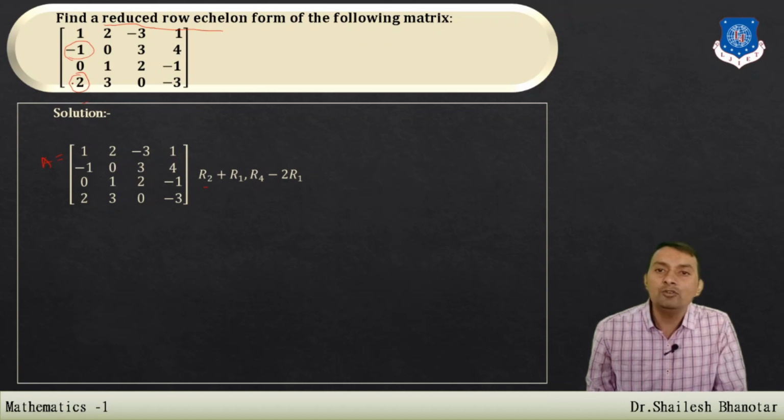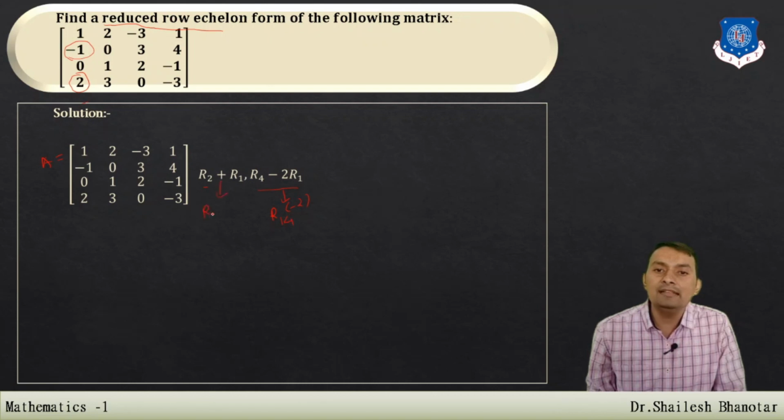Another, I want to make this 0, that means multiply the first row by minus 2 and then add to the last row. In other words, you can say first row multiply by minus 2 and add to the fourth row.